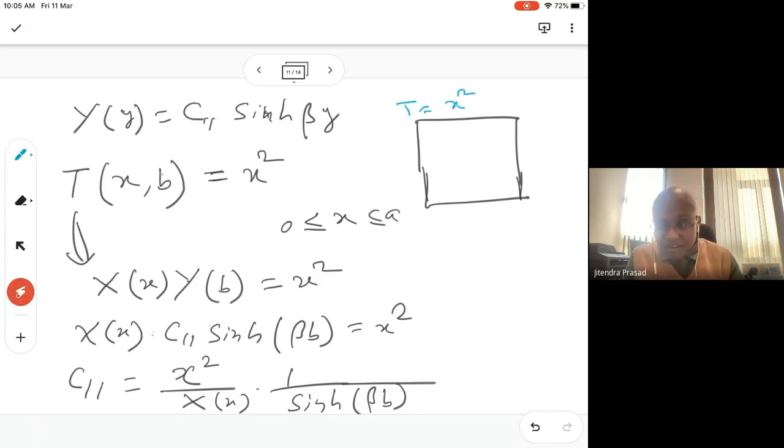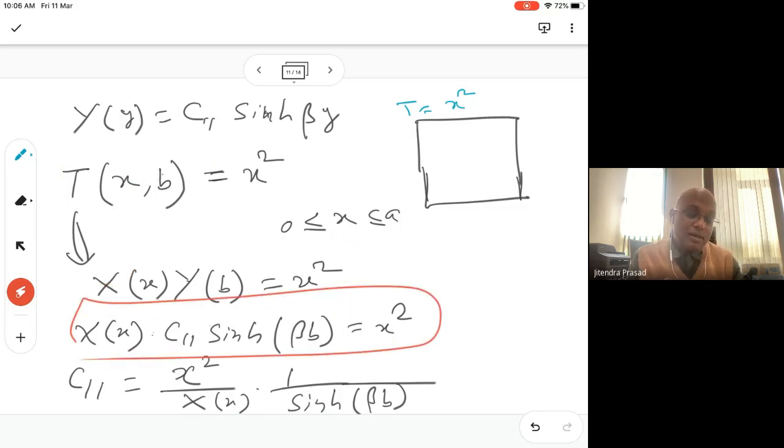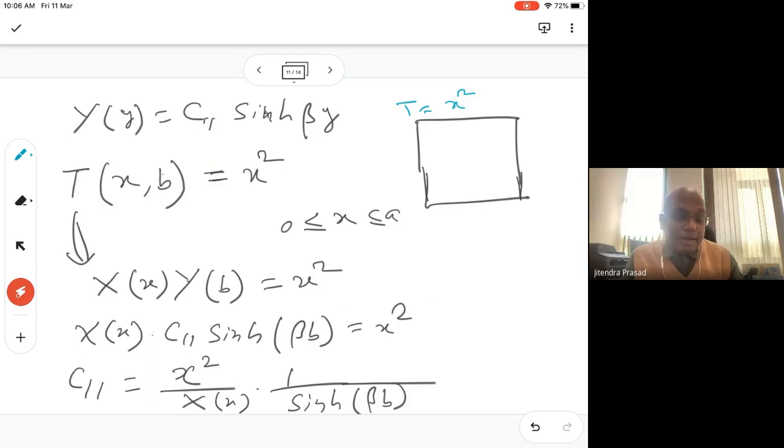So we attempted to find the coefficient by that. T(x,b) has to be equal to x squared, so this is equal to a square.